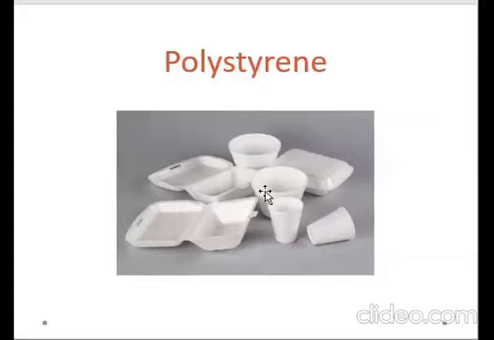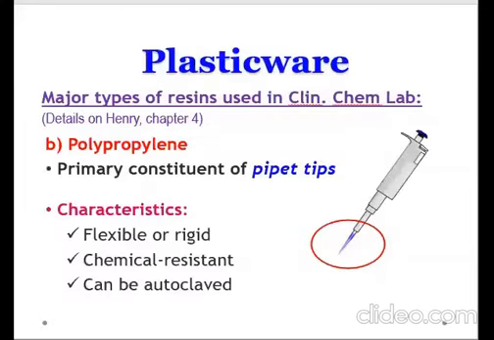Okay? The second type would be your polypropylene. So this one, its characteristics, it is flexible, or rather it can be flexible or rigid. It is chemical resistant, and this time around it can be autoclaved. Now, I want you to remember this statement here because it's actually one of the common questions that appears in the board exam.